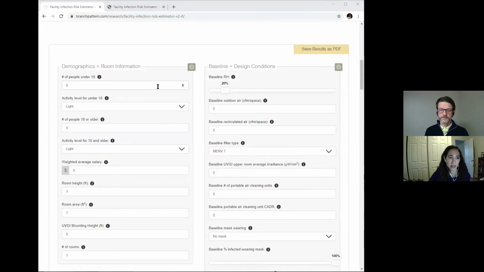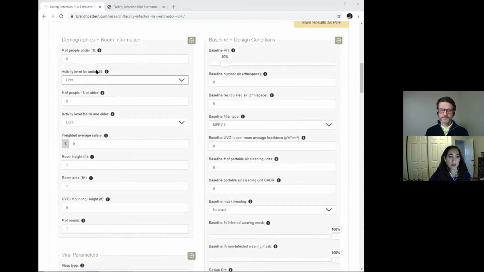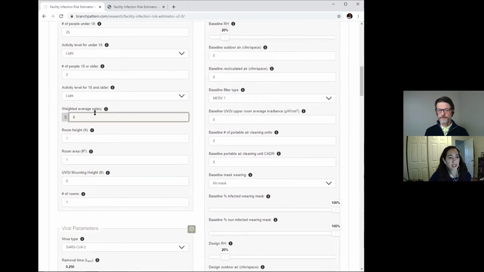We'll start by entering the demographics and room information. So we're going to do 25 students, at least in Colorado, that seems to be more applicable to what's actually happening. Light activity, we'll do 2 adults with light activity. And then the weighted average salary, you don't need to input anything here if you don't want to. It's just another measurement to show productivity lost with sick days for the adults.